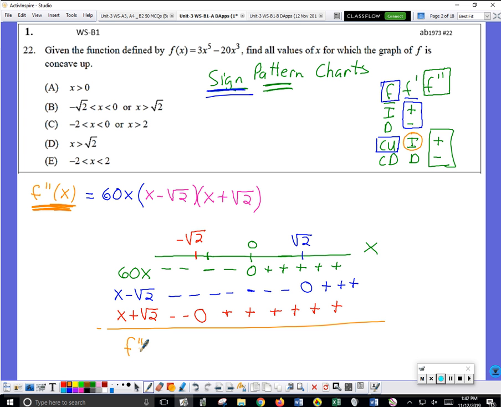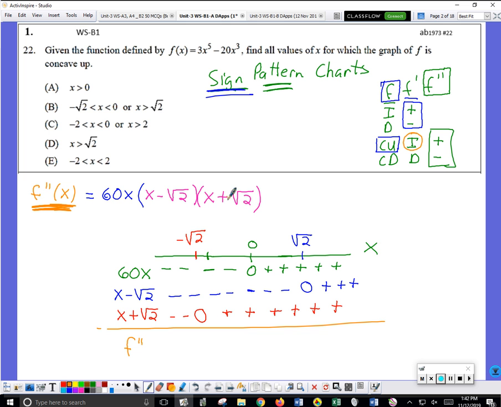The way I read this chart is, if x had a value of negative root 2, and I plug that x into here, this part of f double prime would be a negative number. This part of f double prime would also be a negative number. Those two negatives would multiply. Negative times negative is positive.